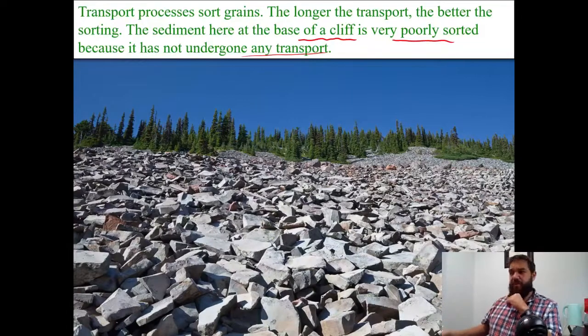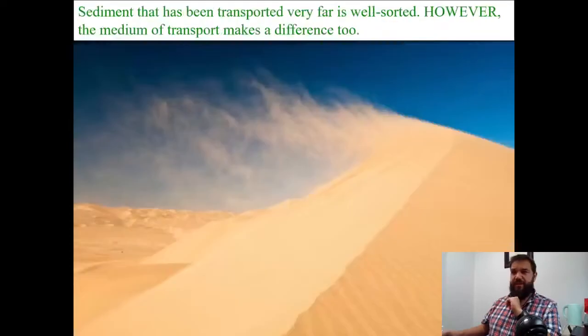So it's very poorly sorted. You get clasts of every size here. On the other hand, take a look at these sand dunes. They're well sorted because they've undergone a lot of transport. The mountains that this sand originated from are far away.